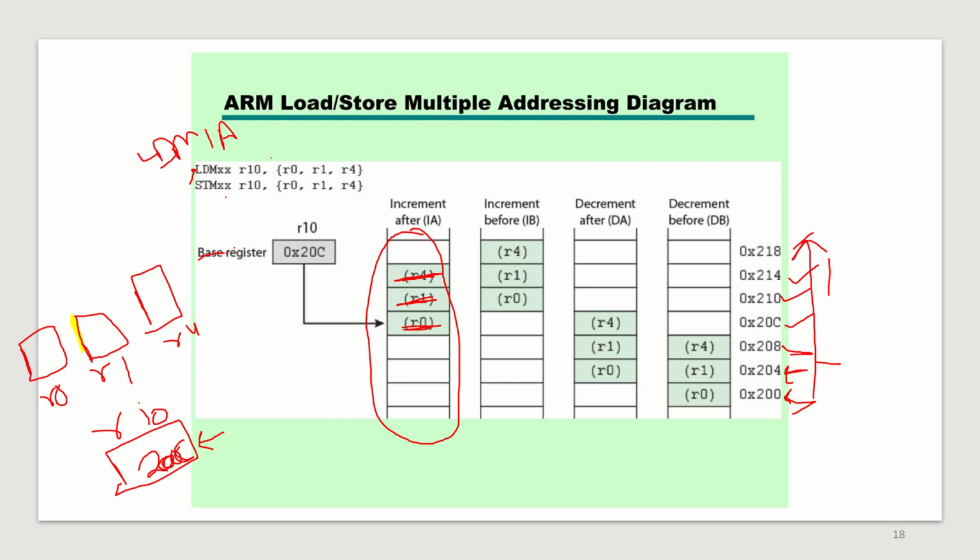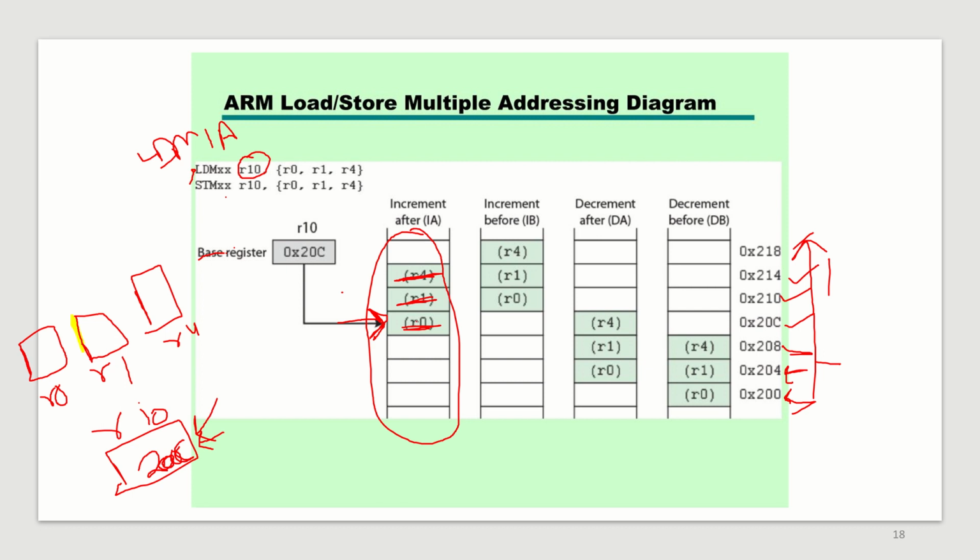So if I write LDMIA R10, comma R0, comma R1, comma R4. So what will happen? At R10, what is the address stored? At R10, 20C is stored. So what is the address 20C? Here. This is the address 20C. So LDMIA means load multiple registers, increment after, means after loading you increment. So first you have to load.